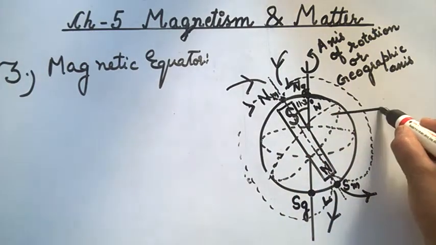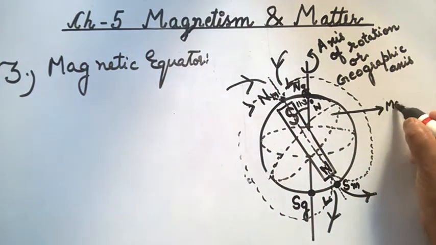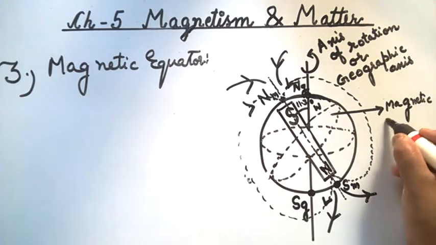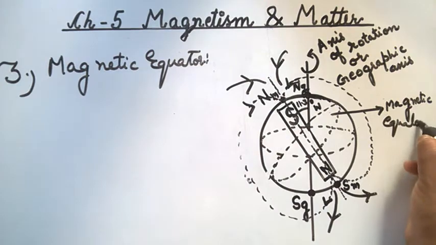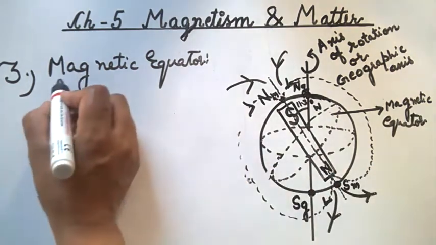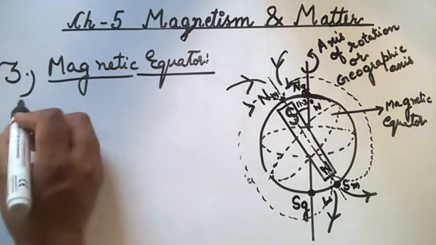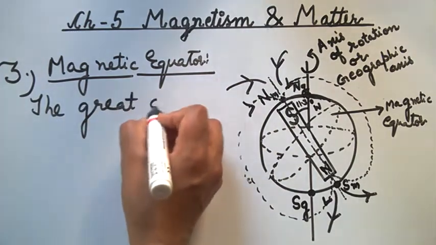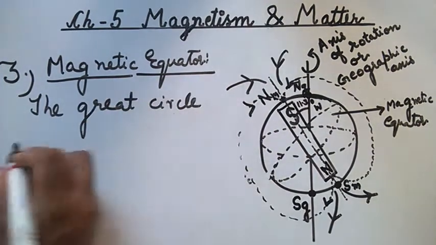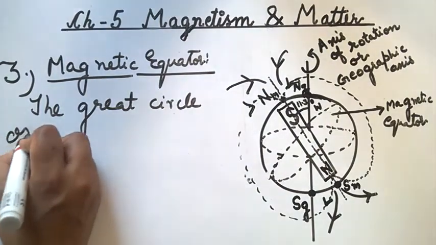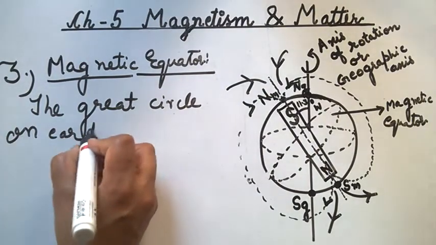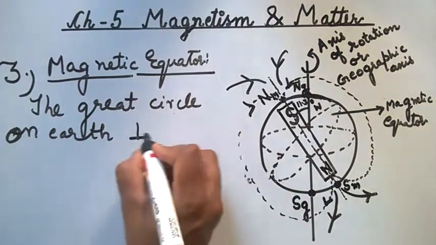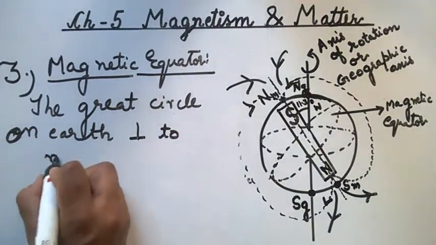So this is magnetic equator. The great circle on Earth perpendicular to magnetic axis.